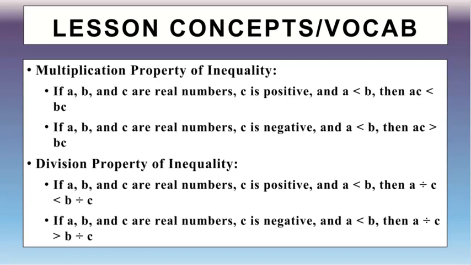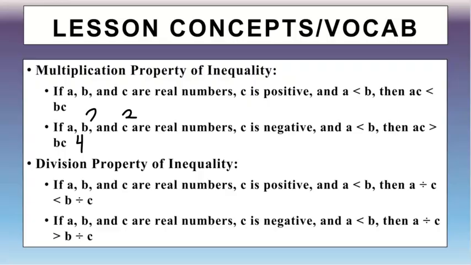And the reason why we're going to do that is, so if I were to take an example, if a was 4, b was 7, and c is, let's say, 2. Right now a is less than b, so 4 is less than 7.